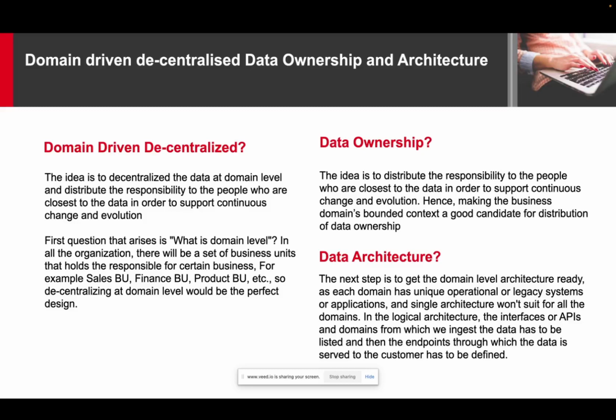The idea behind this is that the business unit knows the in and out of what is happening in that business. For example, what systems are involved, what type of data is being used, either upstream or downstream, and what continuous change and evolution is happening in the systems and data. They know the in and out of the particular business unit.